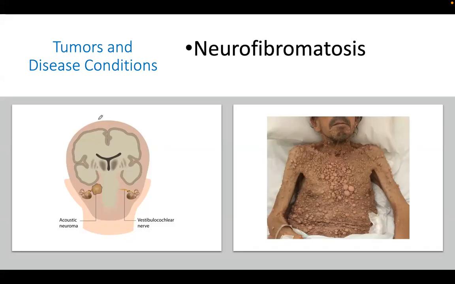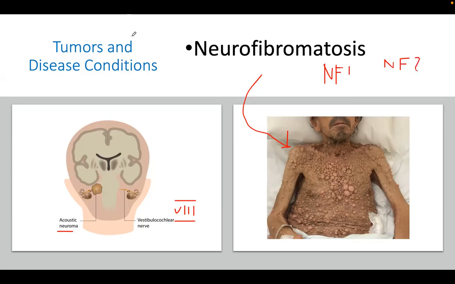Now, there are also tumors associated with disease conditions. So here, you have an acoustic schwannoma. Here's the vestibulocochlear nerve, which is cranial nerve number 8. So there can be hearing loss, tinnitus. This is what we call neurofibromatosis. Now, there are 2: neurofibromatosis 1 and neurofibromatosis 2.